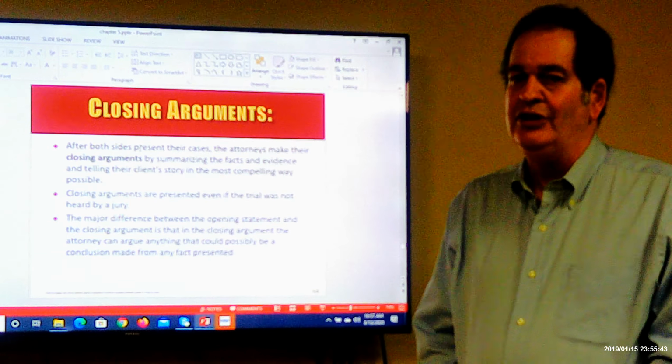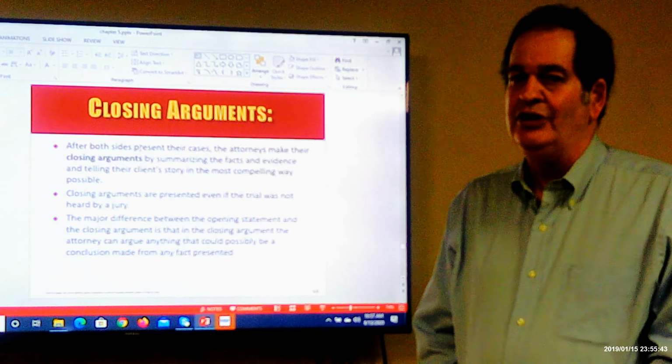Now, the difference between a closing argument and an opening statement is that in a closing argument, the lawyer can argue from the facts. So if anything was presented as an alleged fact, even if it's not particularly believable, the lawyer is allowed to argue from that. You cannot object to that. So it's more leeway given in closing arguments.